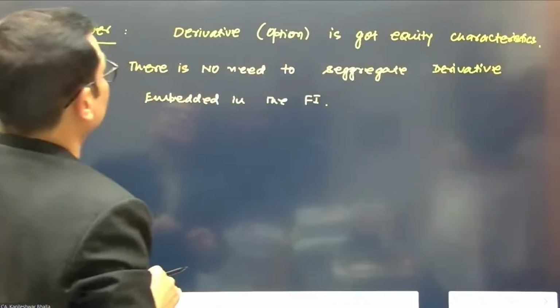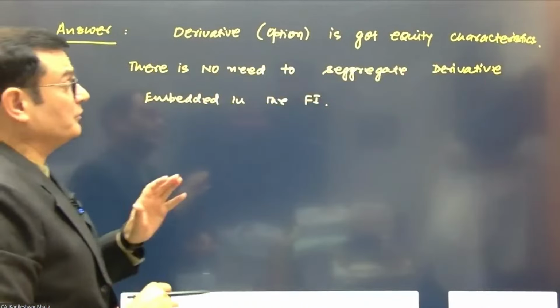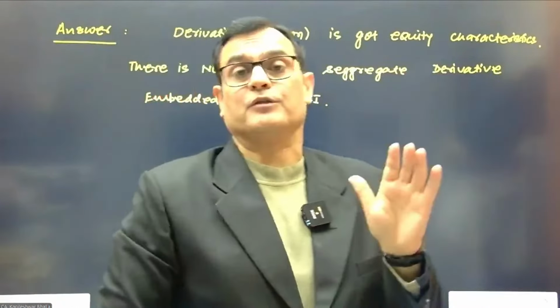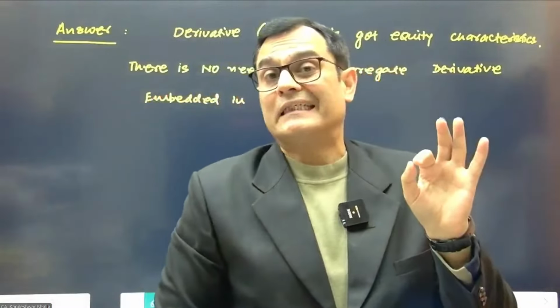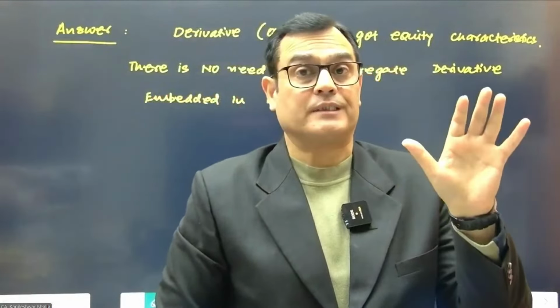Right, so this is one input I've given so that once you revise later, you get connected on why the derivative was not segregated: because it has got equity characteristics and therefore is not segregated.